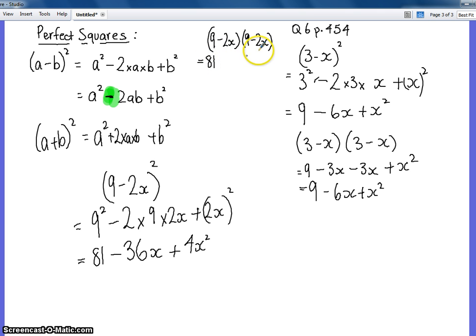Outers is take 18x. Inners is take 18x. Last is plus 2 twos are 4, x times x is x squared. Gives us 81 take 36x plus 4x squared. And that's exactly what we got.